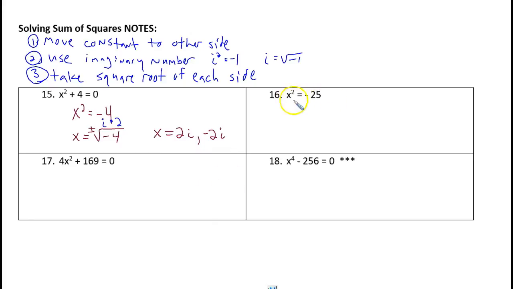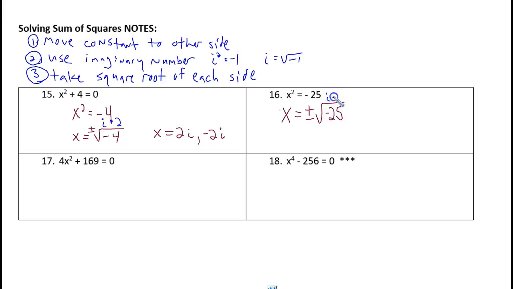In this next one, the constant's already on the right side, so I'm going to take the square root of both sides. The square root of x squared is just x, and remember, it's positive or negative. We talked about why that was true in the previous video, if you need to review that. And negative 25: remember, the square root of a negative comes out as an i.